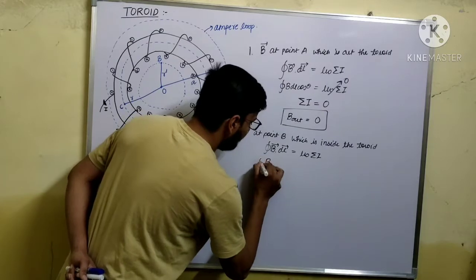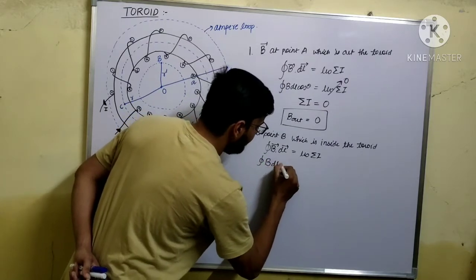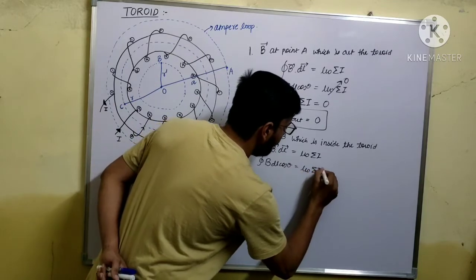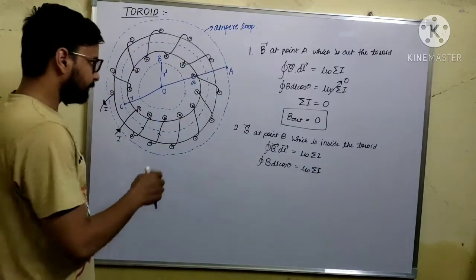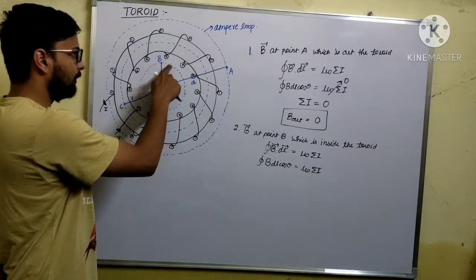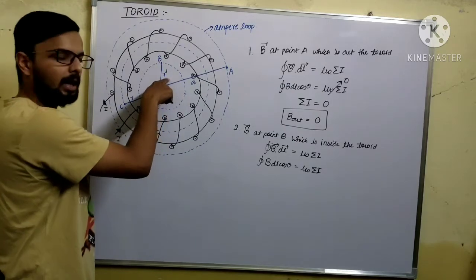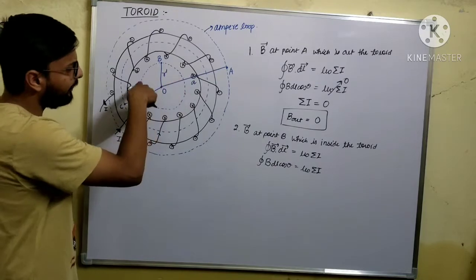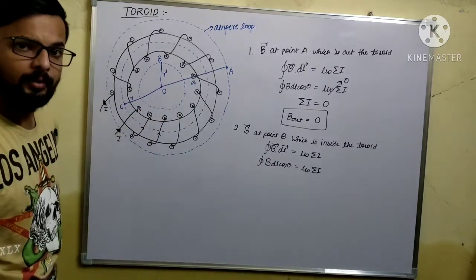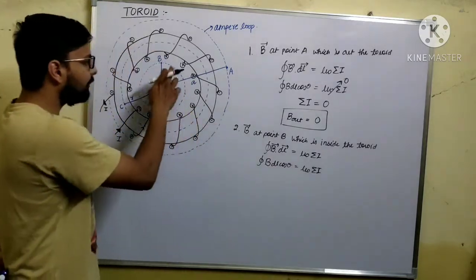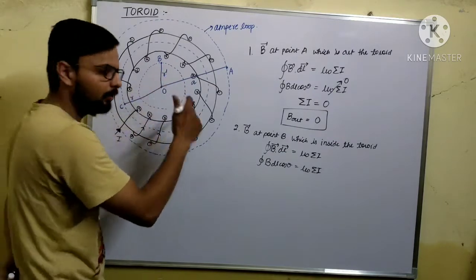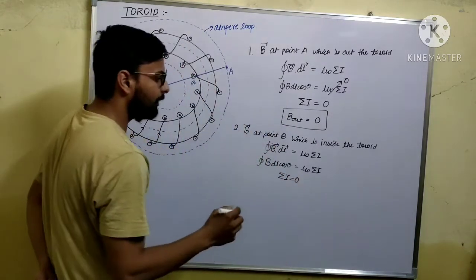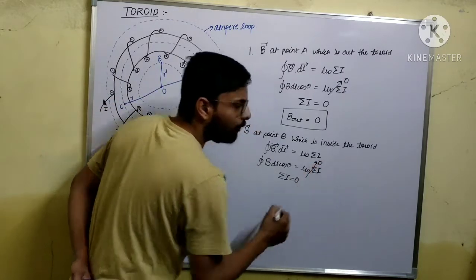If we solve this further, we see that line integration of B dl cos theta is equal to mu naught summation of I. Now at this loop of r dash radius, do you see any current inside that loop? Obviously no. Okay, so since no current is flowing inside the loop, then the value of sigma I will become what? 0, and this whole term turns out to be 0.